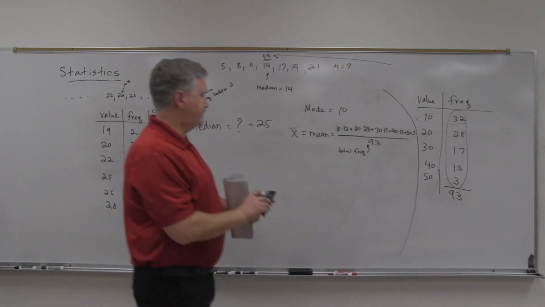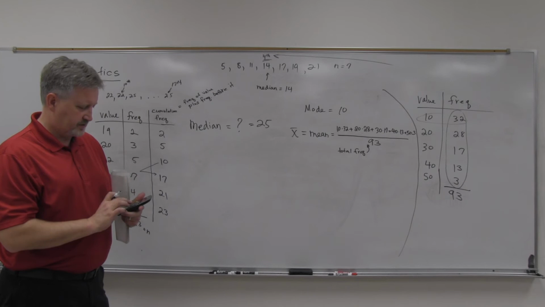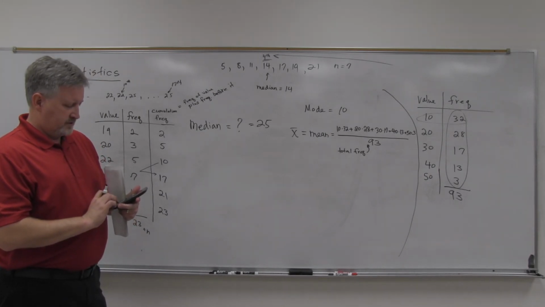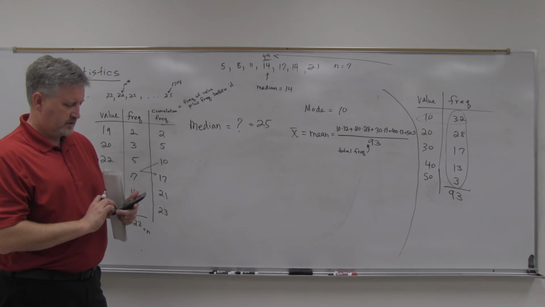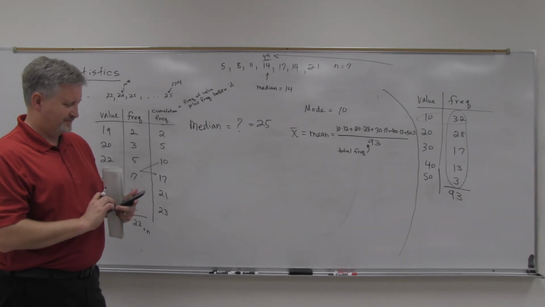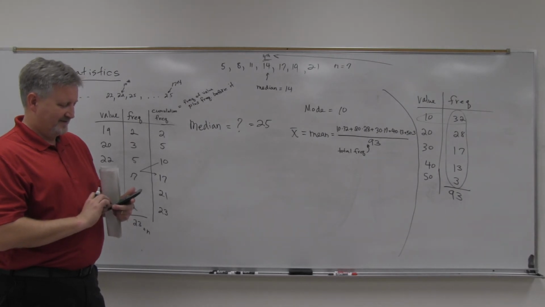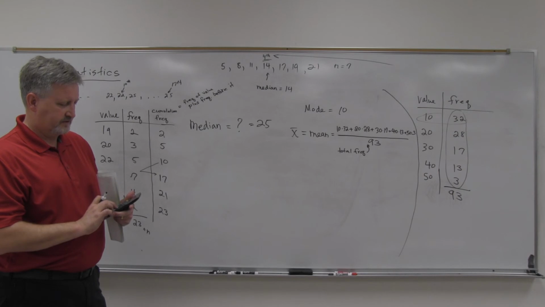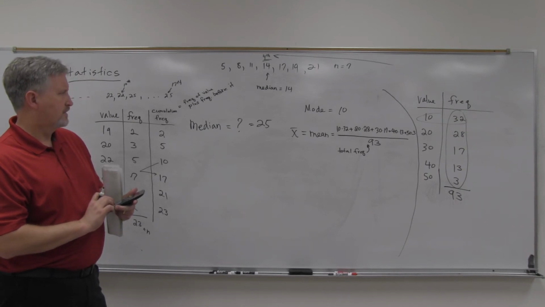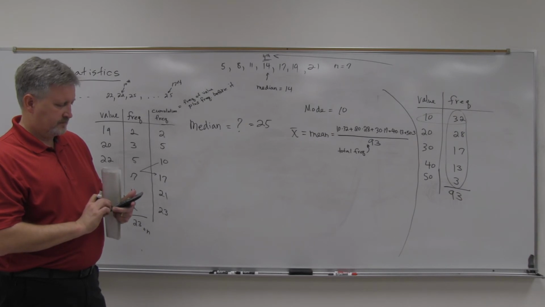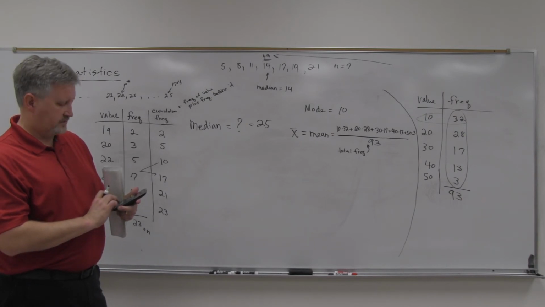All right. 10 times 32 is 320. 20 times 28. I mean, it's 20 times 28. Start over. 320. 20 times 28, 560. 30 times 17. And 40 times 13.